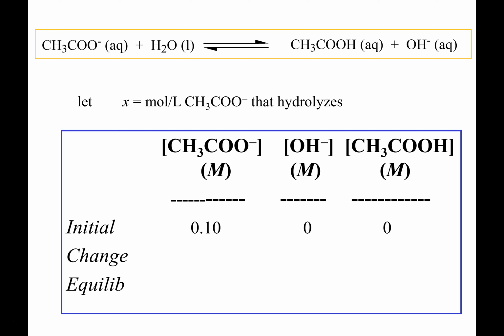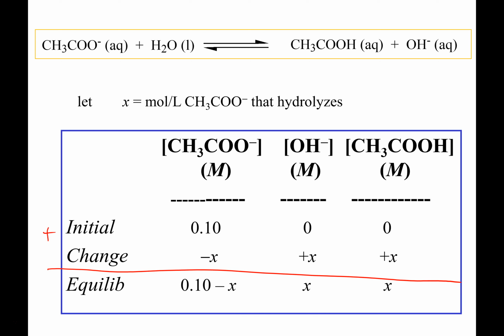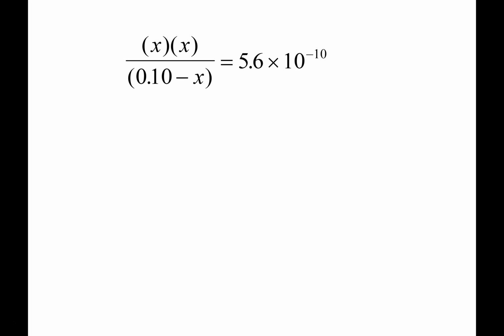The CH3COO⁻ is going to decrease, so it'll be minus x, and the other two are going to increase. We take the initial and apply the change, and there are the equilibrium concentrations. This should feel vaguely familiar. We take those equilibrium concentrations and plug them back into our Kb expression, and it looks like this.